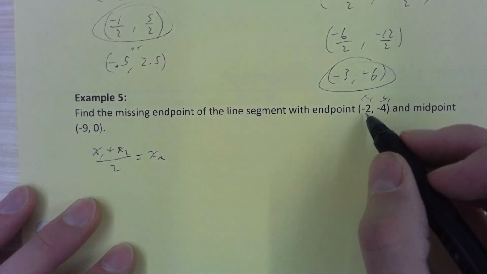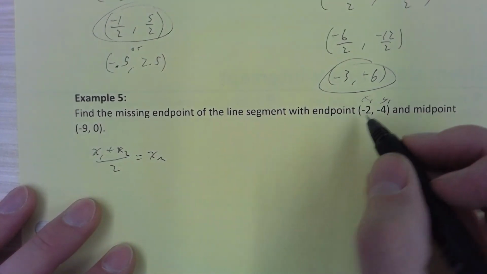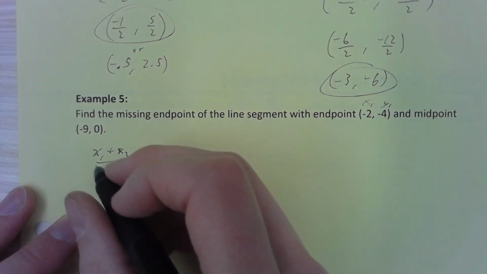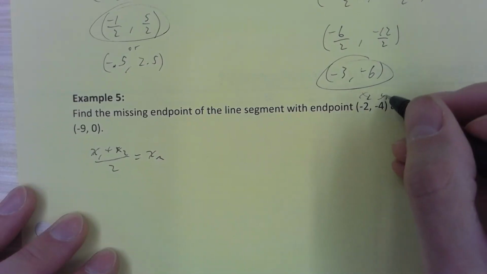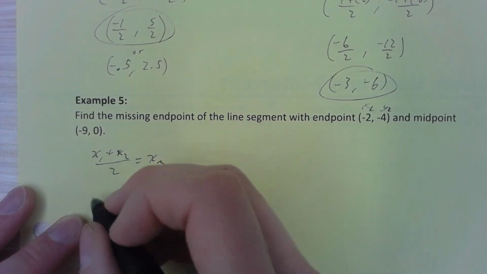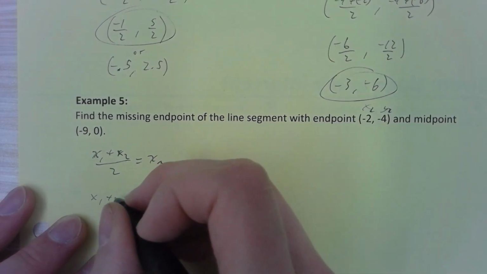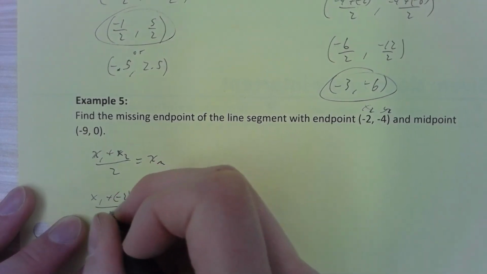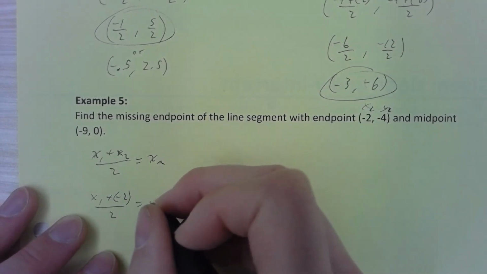So negative 2 is our x, so we'll use x2 and y2 just because it ends up looking nicer when we're solving. So x1 plus negative 2 divided by 2 equals negative 9.